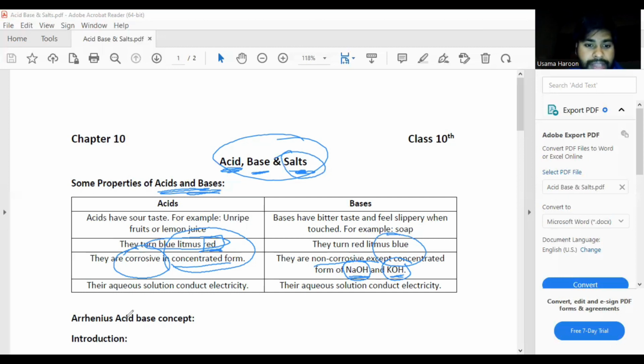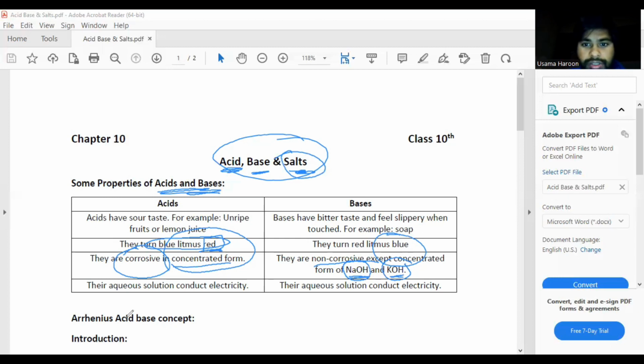Both acids and bases can conduct electricity in their aqueous solution. Why? Because electricity is the flow of charges or flow of ions, and whenever we dissolve an acid or a base in water, it turns into ions. So we can say that aqueous solutions of acids and bases can conduct electricity.